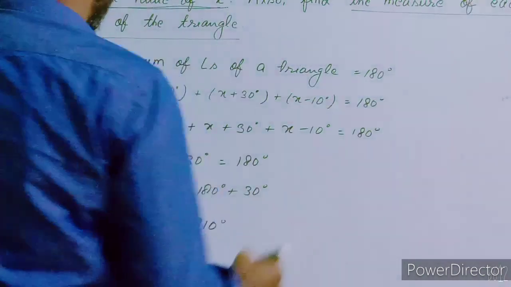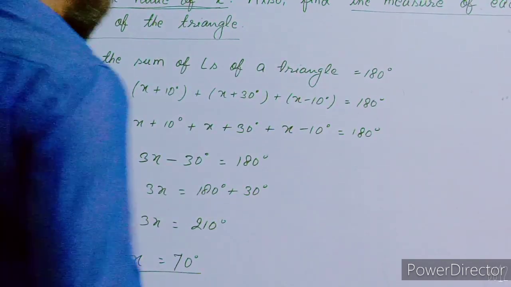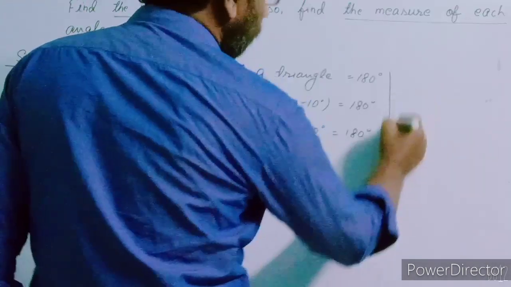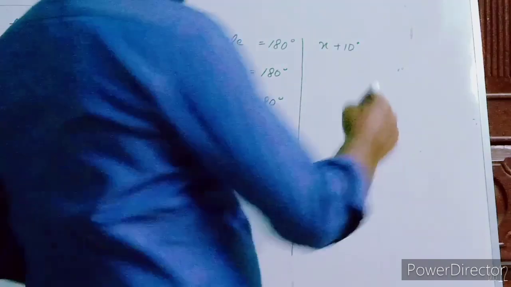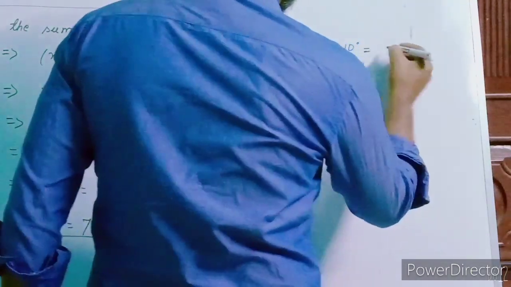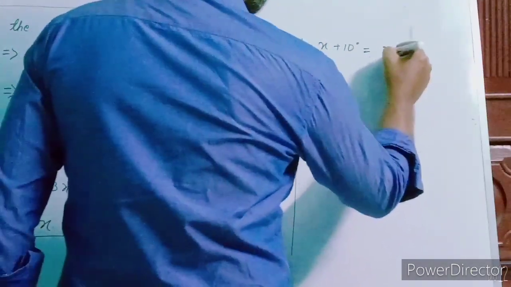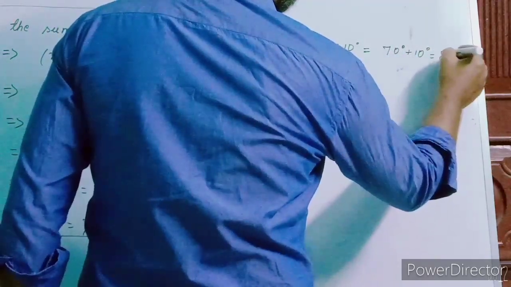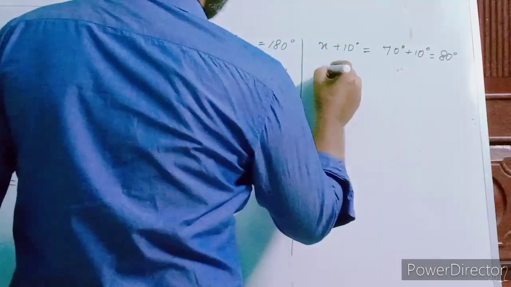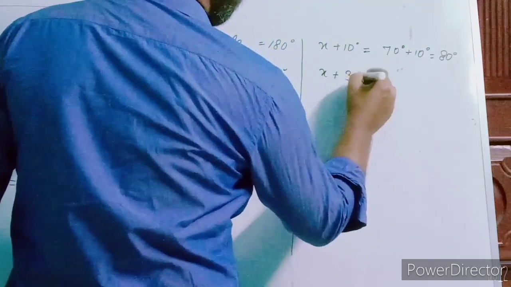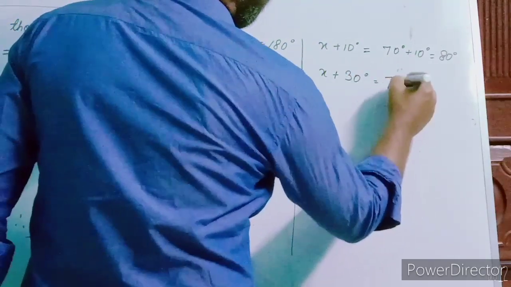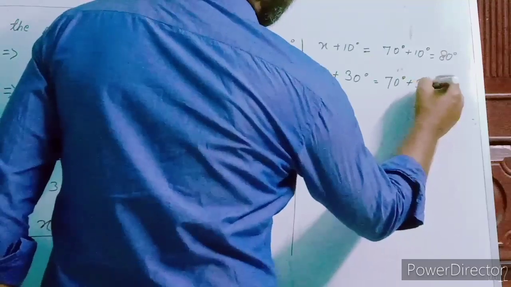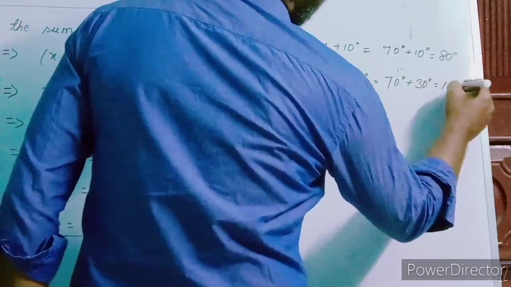Now, each angle of the triangle. So the first angle is x plus 10 degree, that is equal to 70 degree plus 10 degree equal to 80 degree. Second angle is x plus 30 degree, 70 degree plus 30 degree equal to 100 degree.